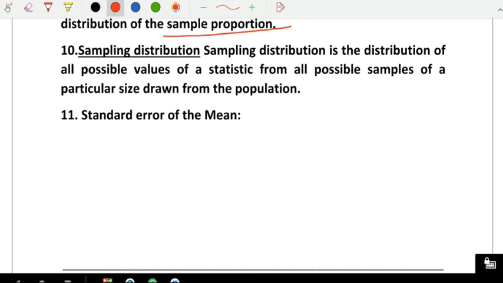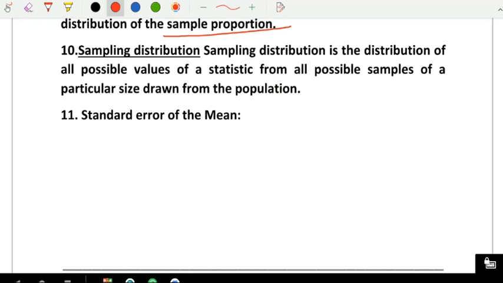Now next, what is sampling distribution? Sampling distribution is the distribution of all possible values of a statistic from all possible samples of a particular size drawn from the population. Statistic is the word for values like mean, mode, median calculated from samples, whereas the word parameter is only for the population.